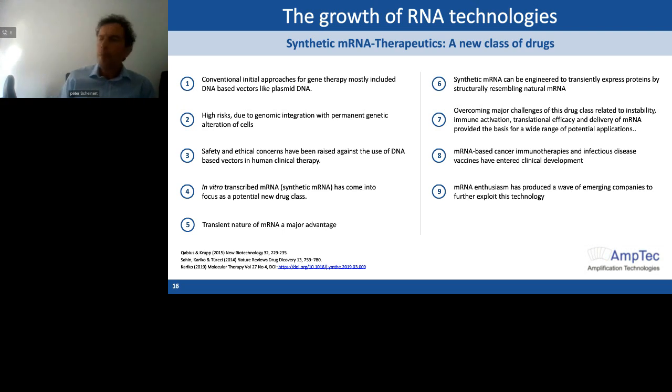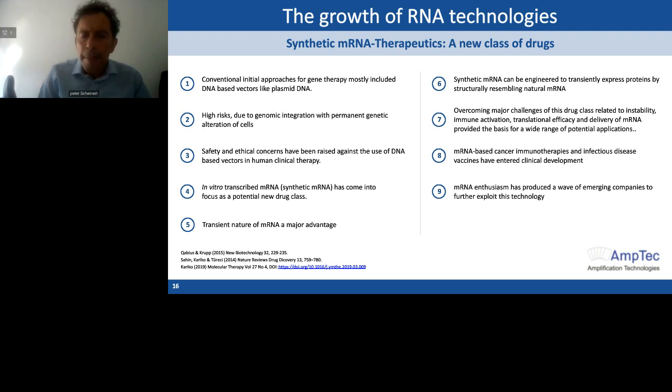And nowadays, mRNA-based therapies are also used for cancer treatment, and of course, as we are all aware right now, for vaccine treatments. This is really a very exciting story. And so mRNA enthusiasm has produced really a big wave of emerging companies to further exploit this technology.